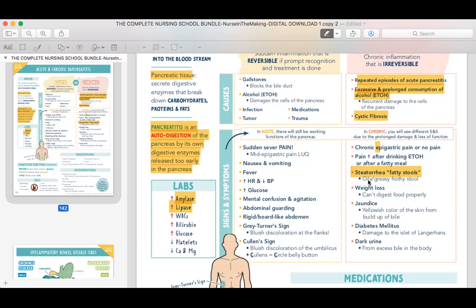And once they're able to break that down, then you don't get any more fatty stools. Cystic fibrosis. Where do I have cystic fibrosis? I have it somewhere here. Let me look for that med really quick.